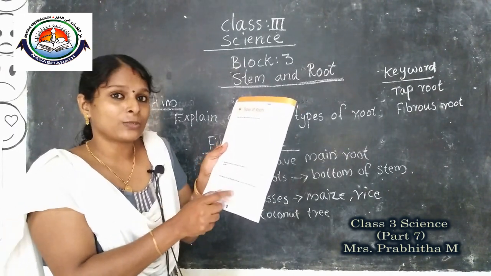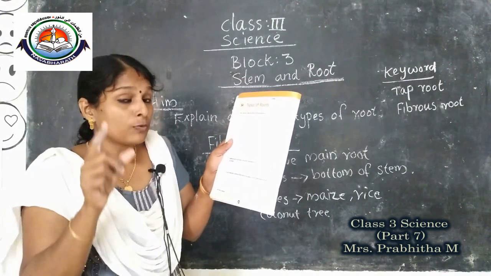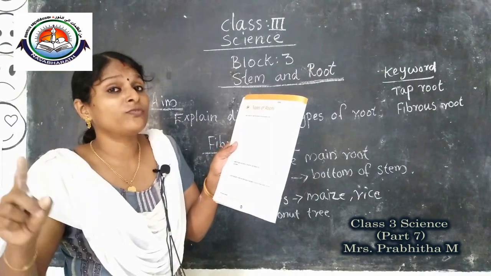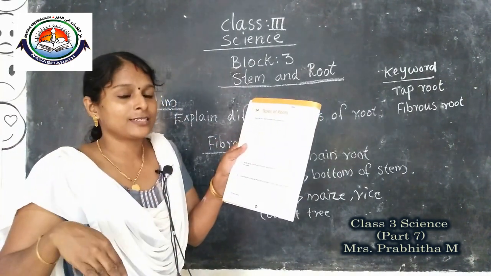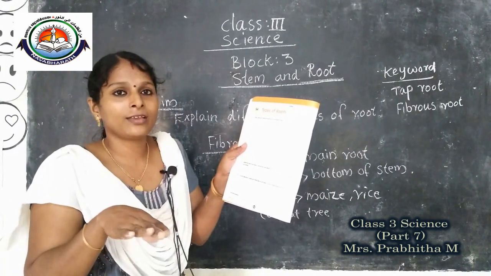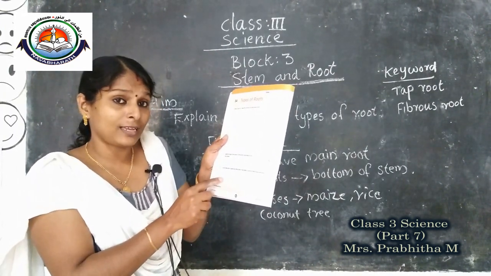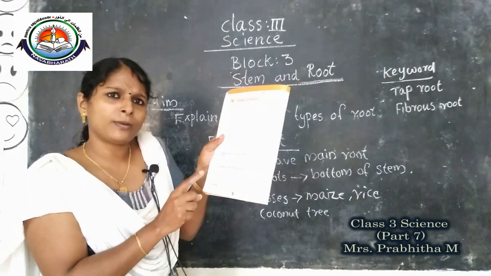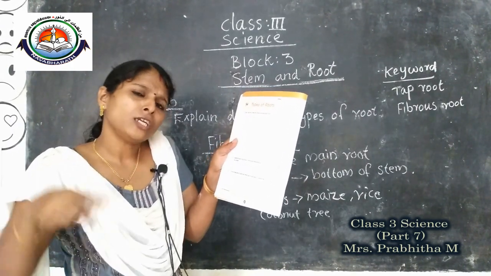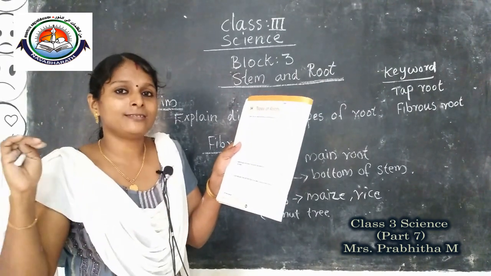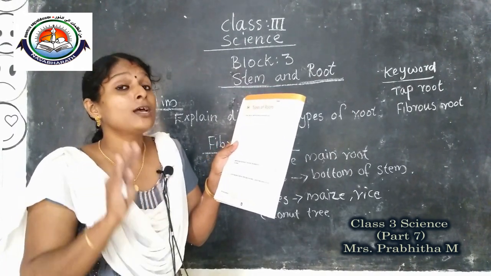Yes, it has fibrous root because small roots are coming from the bottom of the stem, and they spread into different directions and fix the plant to the soil. Okay, this is the way a coconut tree is growing on this soil. So how can we write the answer? It is fibrous root. Why? Because small roots are coming from the bottom of the stem and spread into different directions and fix the plant to the soil. So that is why a coconut tree has fibrous root.